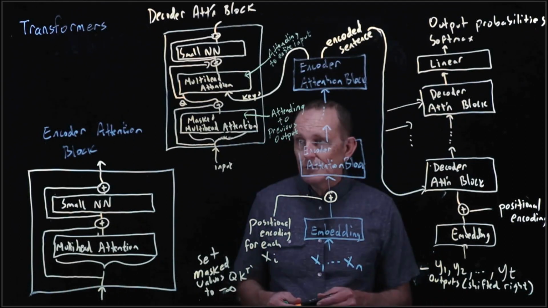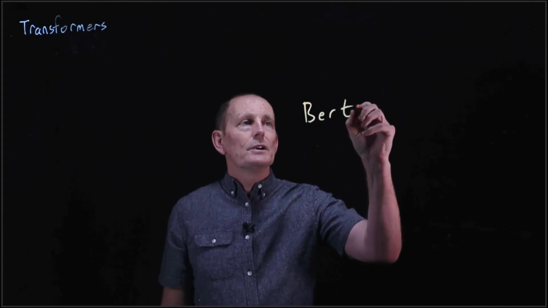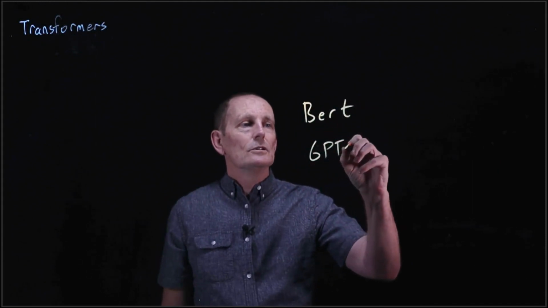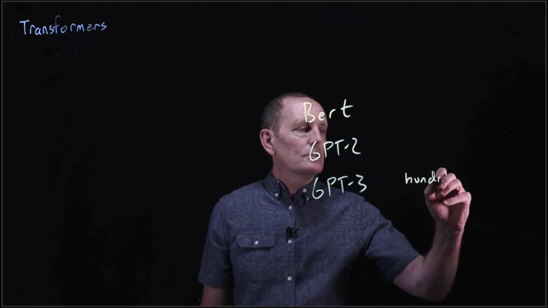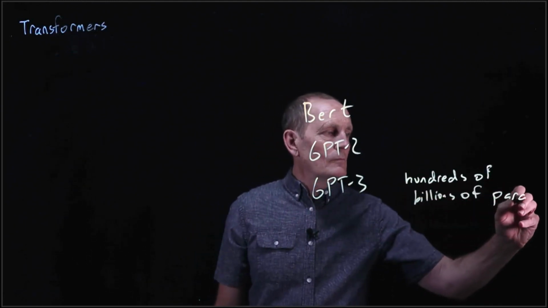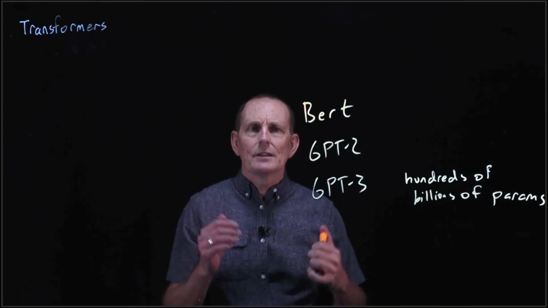So different kinds of transformers include, for instance, BERT, GPT-2, GPT-3, GPT-3 having hundreds of billions of parameters, trained on a huge amount of data, basically sort of everything on the internet.